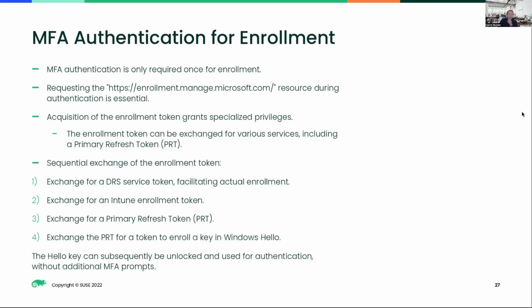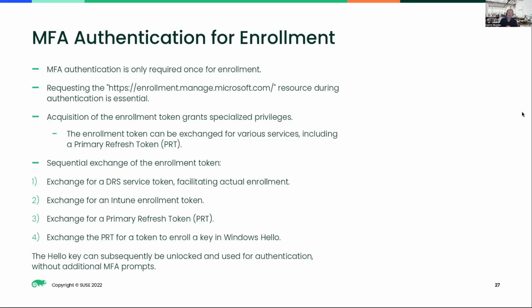It has interesting privileges. It allows you to exchange it for higher privilege things such as an Intune enrollment token, and actually you exchange it for a DRS service token so that you can enroll. So it's an enrollment token, but you have to exchange it to enroll into the DRS service, into the Intune service.